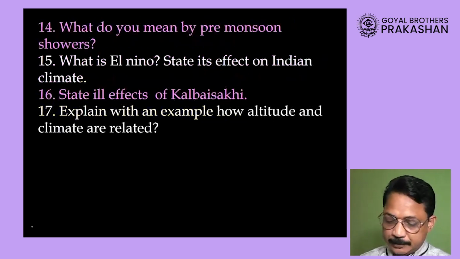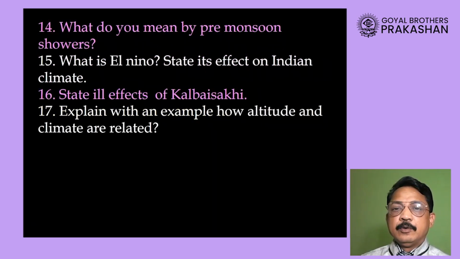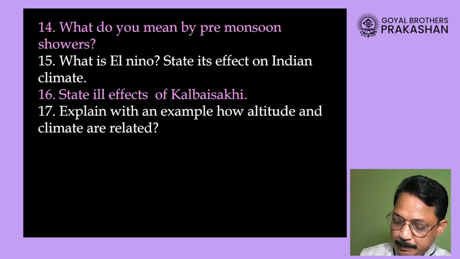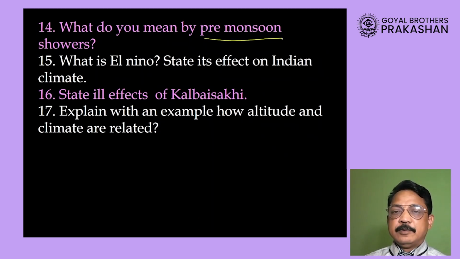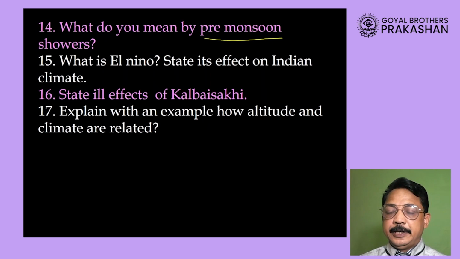The next question, dear students, here is, what do you mean by pre-monsoon winds? As the word suggests, pre-monsoon means it is a light rain that is experienced in the western coastal region of India during the month of April and May. These are the light rain that is experienced over there.